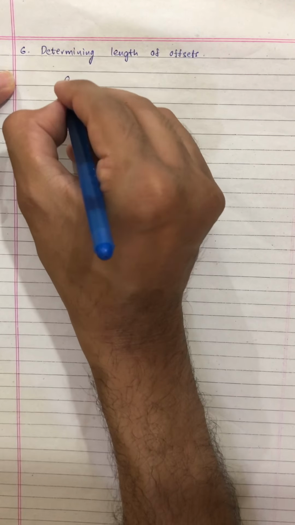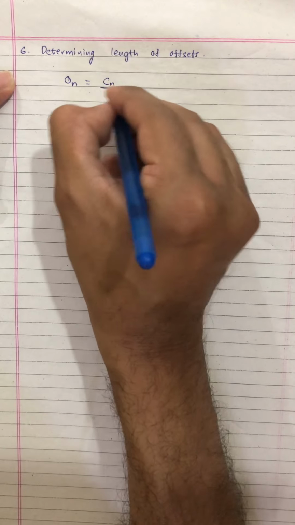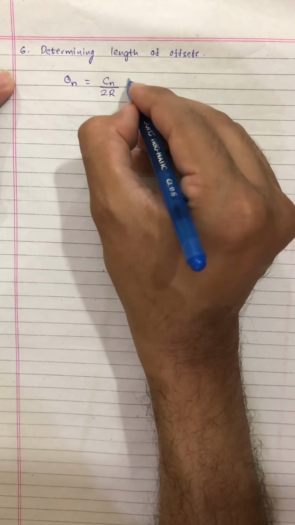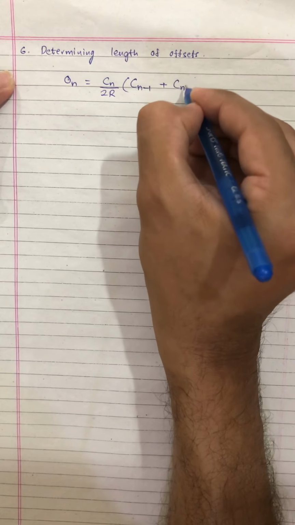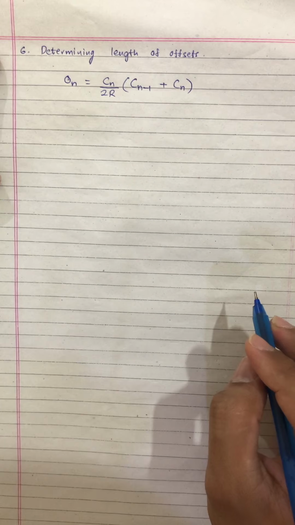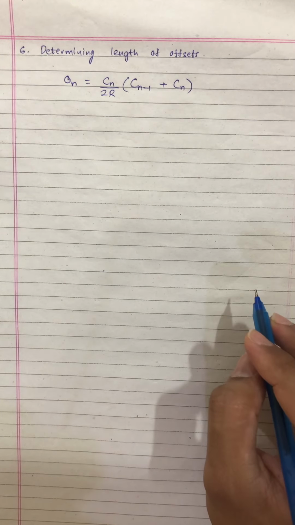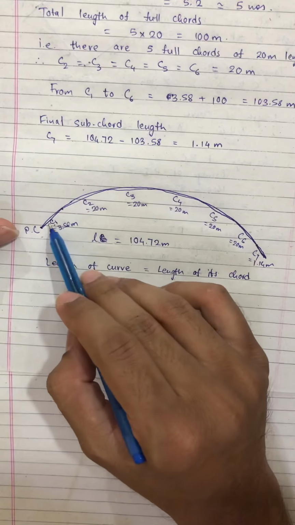The general formula for offset was given as On is equal to Cn upon twice R into Cn minus 1 plus Cn. This was the general formula for calculating the length of offsets. Based on this, we will find the length of offsets for each chord.